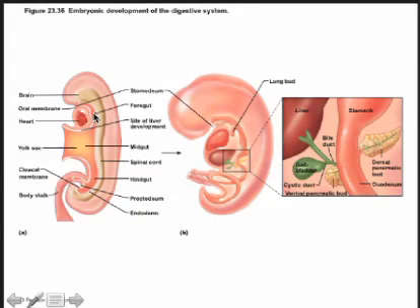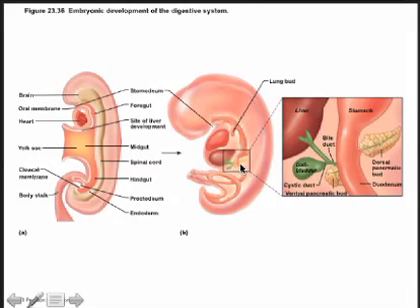Okay, and what happens as development progresses is that we see differentiation, and you can begin to see here the formation of the liver and the stomach and the pancreas and gallbladder as they bud off the alimentary canal.